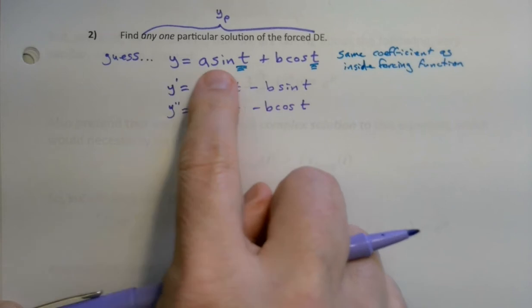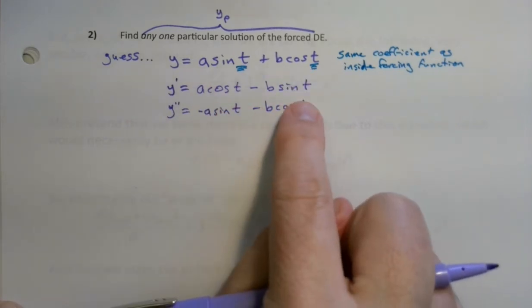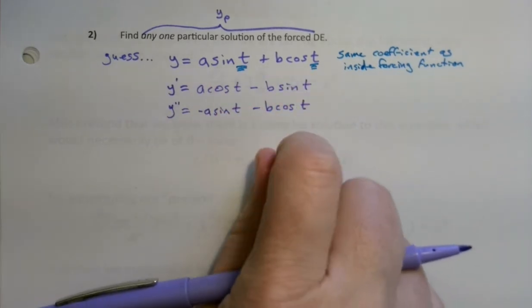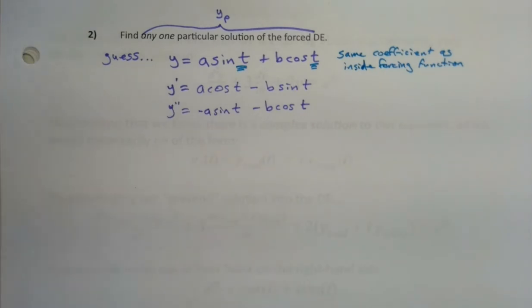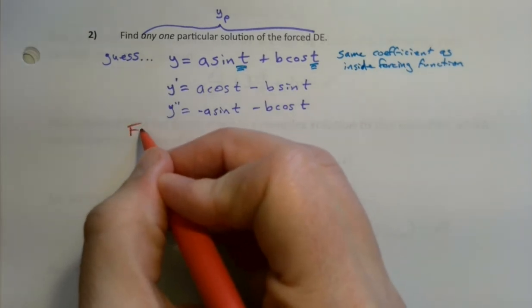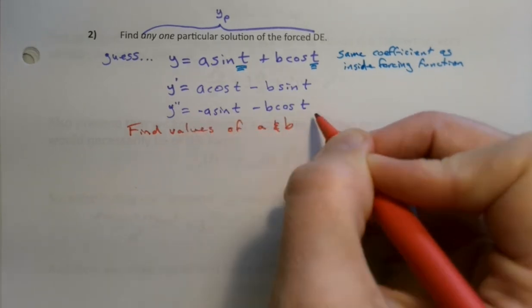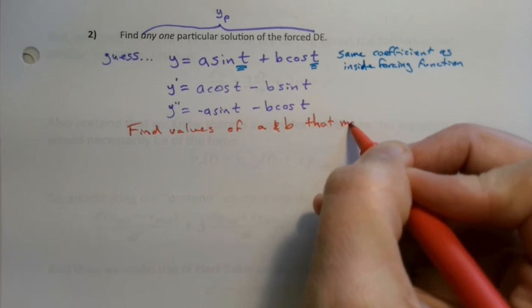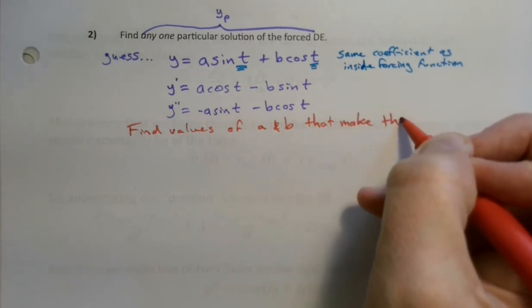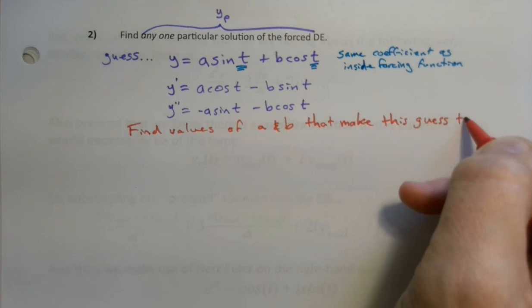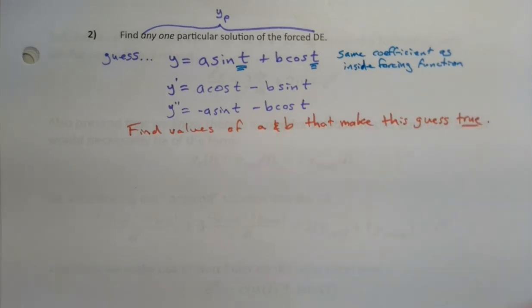So we have our guess, the first derivative of our guess, and the second derivative of our guess. And we should be able to find the values of a and b that make this guess true. And remember, we can check that by substituting into the equation.